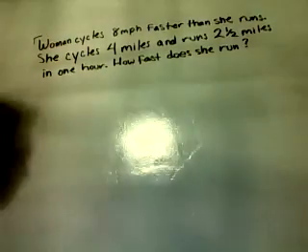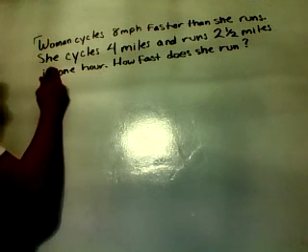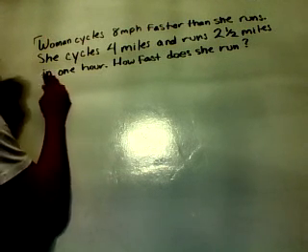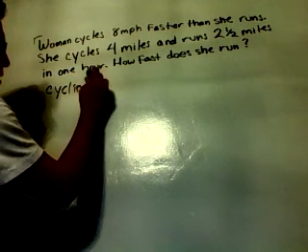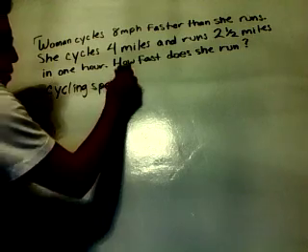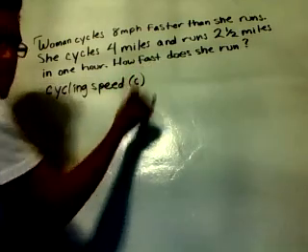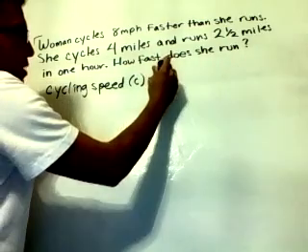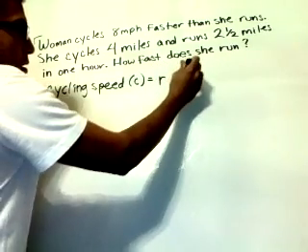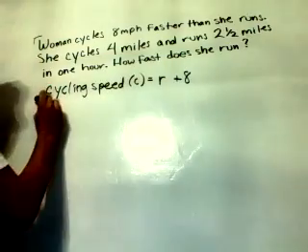So the equation that we came up with, and it's the right one, is that her cycling speed, and remember we gave it a variable of just c, is equal to her running speed, or r, plus 8.